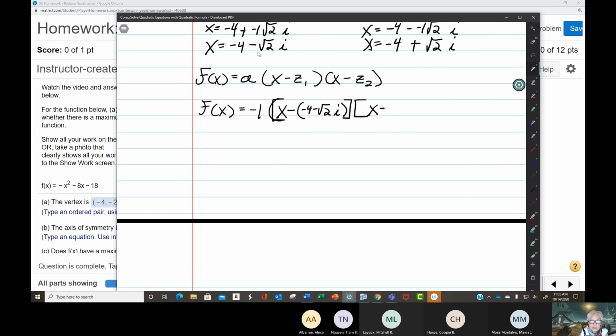I'm letting this be z1 and this be z2. See, it doesn't matter. I'm just going left to right. All right, so negative 4 minus the square root of 2i and x minus parentheses negative 4 plus the square root of 2i.